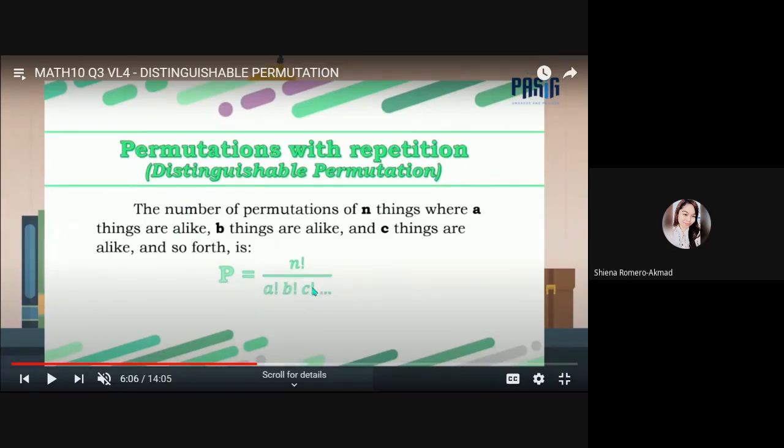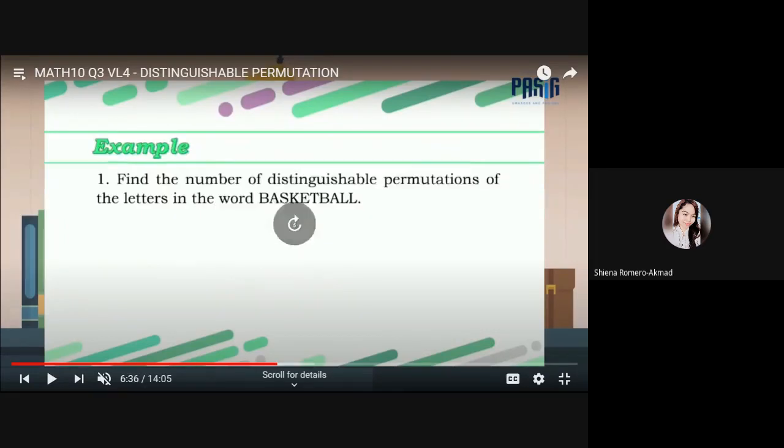So, let me give you an example for you to understand it more. We have here, for example, number 1, the word basketball. As you count the letters, there are 10 letters. Bilangin natin kung ilang beses na ulit yung mga letters. Yung B, naulit siya ng 2 beses.